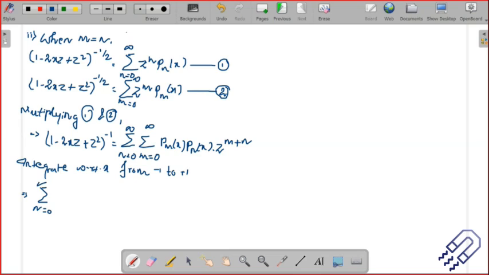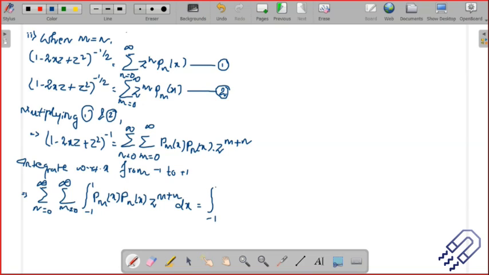Summation n equal to 0 to infinity, and then summation m equal to 0 to infinity. This will be the integration from minus 1 to plus 1 of Pm x, Pn x, z to the power m plus n dx.